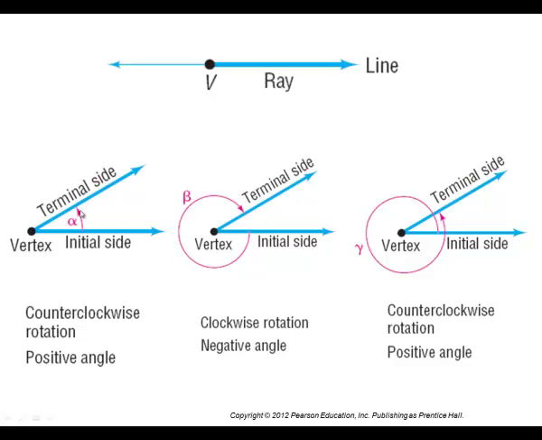So if this was 30, then 360 plus 30 would be 390, and so on. Those angles are all coterminal with 30. And this one here would be negative 330 degrees, and that would also be coterminal with 30 degrees, because they have the same initial and terminal side, but in different directions.